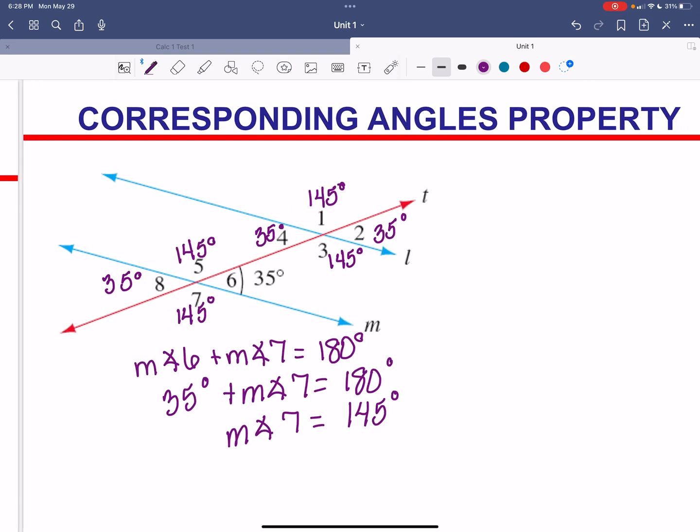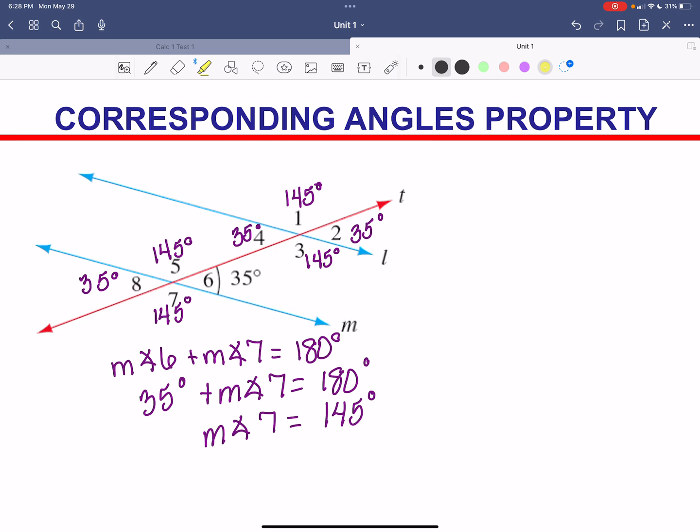Based on what we just did, we can also talk about alternate interior angles. An alternate interior angle pair is angle 3 and angle 5. Another set of alternate interior angles are 4 and 6. You can also have alternate exterior angles, and these are alternate exterior angles as well as 1 and 7.